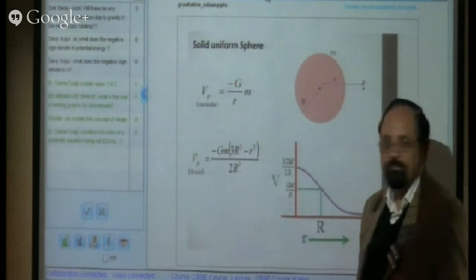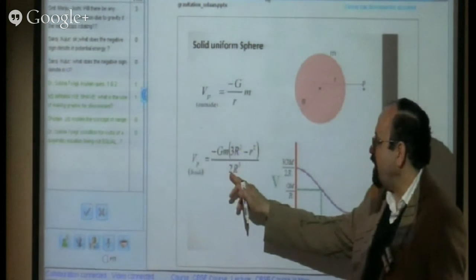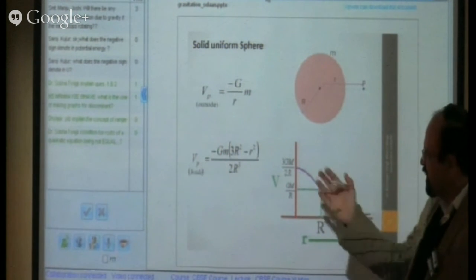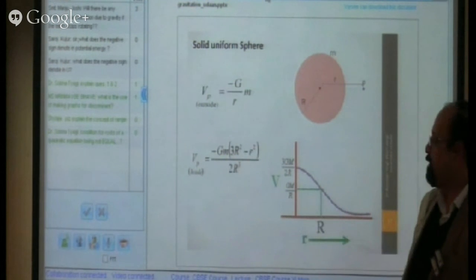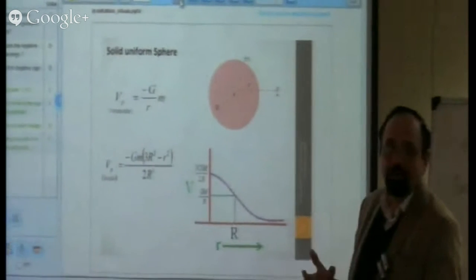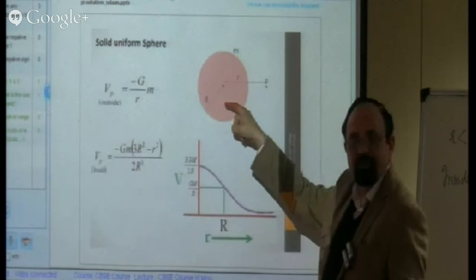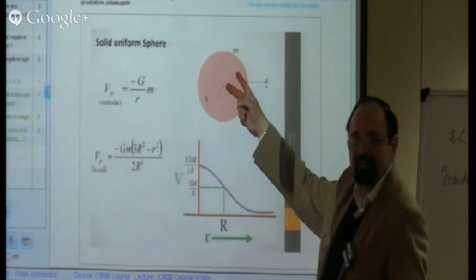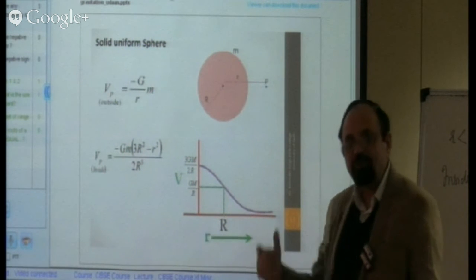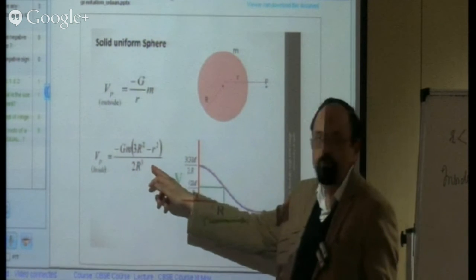Minus GM (3R square minus small r square) divided by 2R cube. If I get the time, then I'll show it to you how we get it. But as a basic point, what one can do, you can choose a small hollow sphere of radius x, thickness dx, write the formula for it and do the integration to come to this, but keep that in mind.